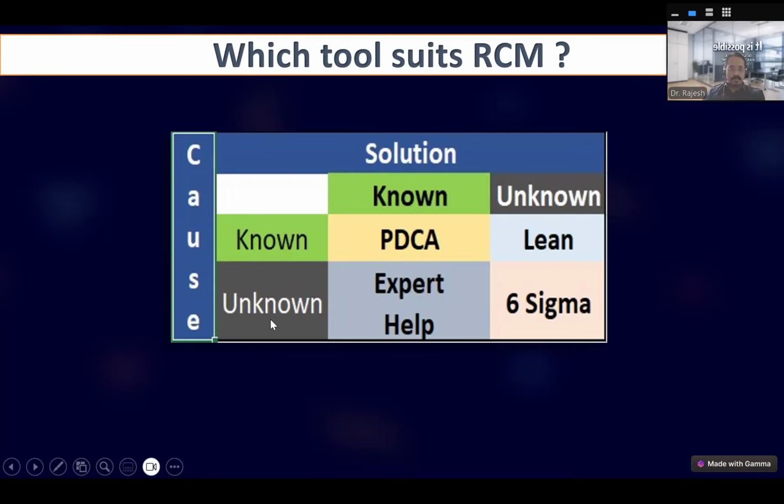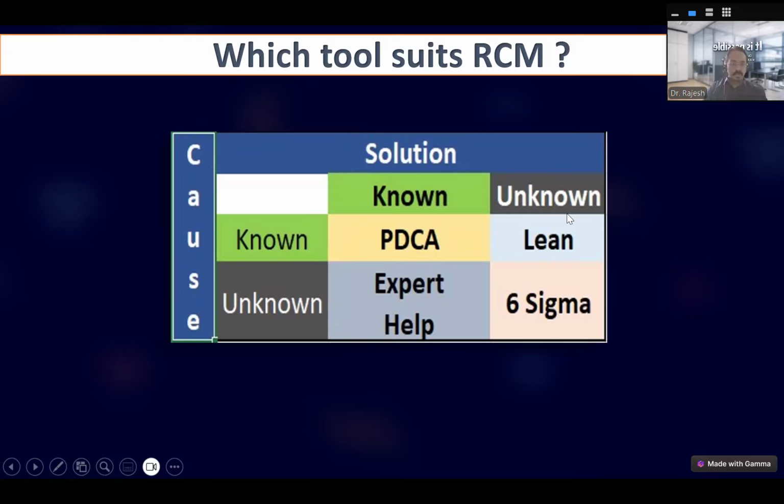When the cause is unknown and the solution is also unknown, go to Six Sigma. What it means is when you don't know why it is occurring and you don't know the solution, then you have to start your Six Sigma.